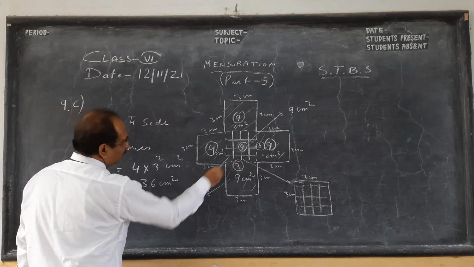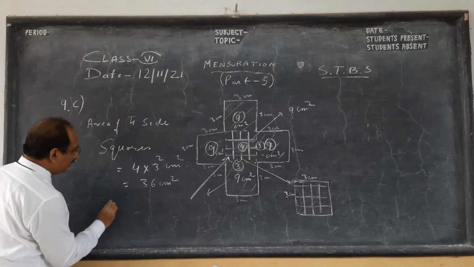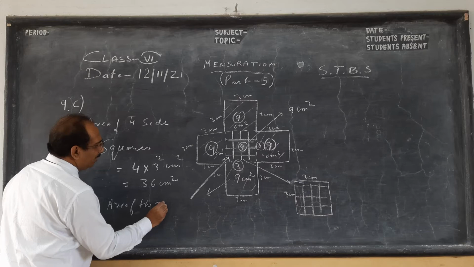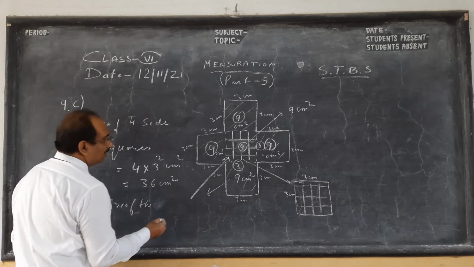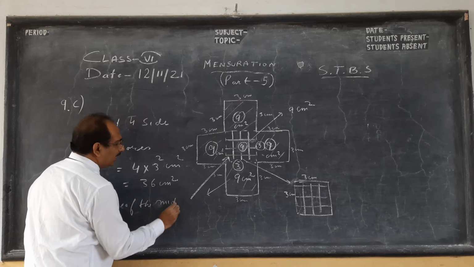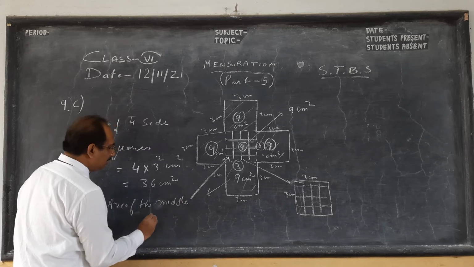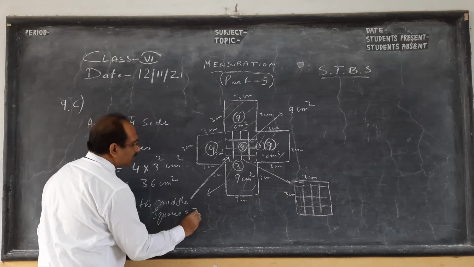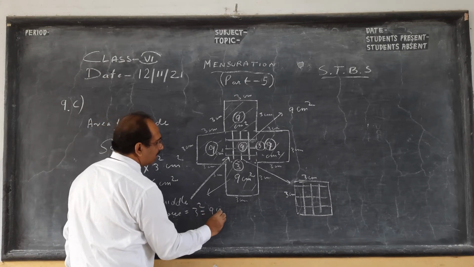Then finally you do like this, area of the middle square, or the center one, area of the middle square is also 3 square is 9 centimeter square.